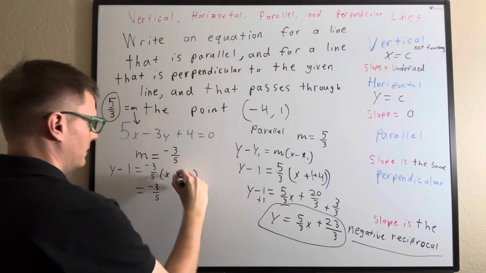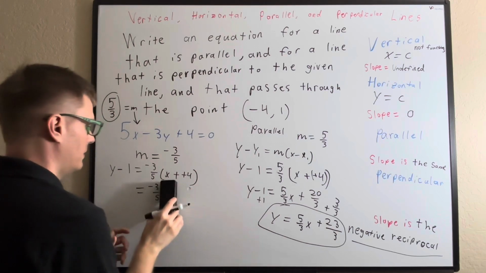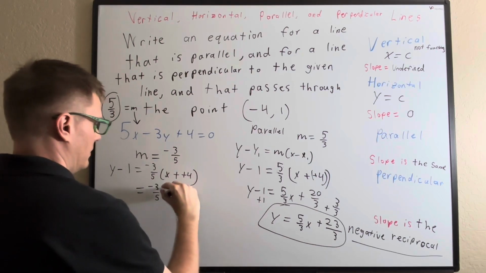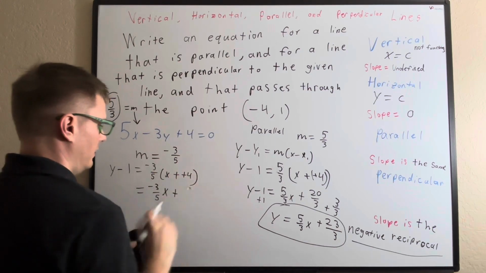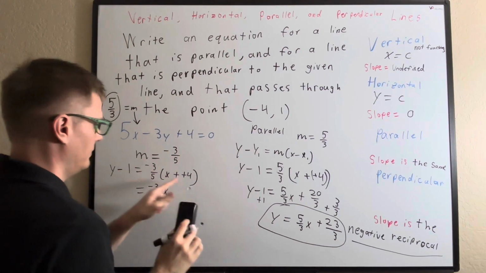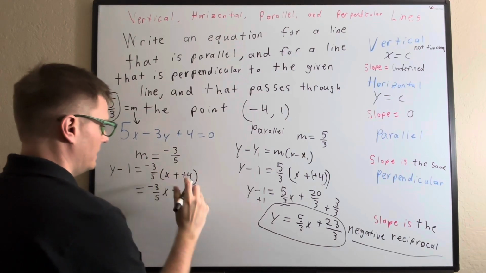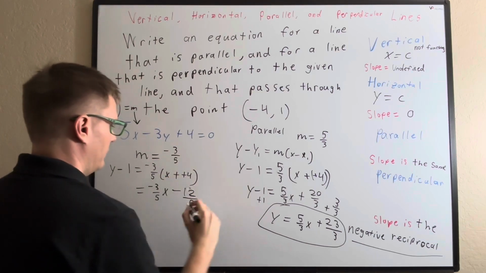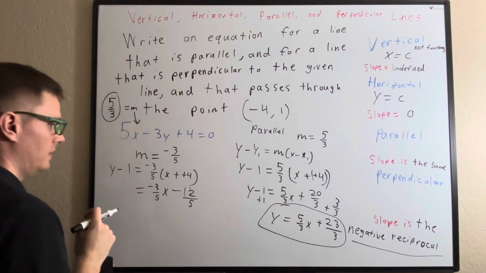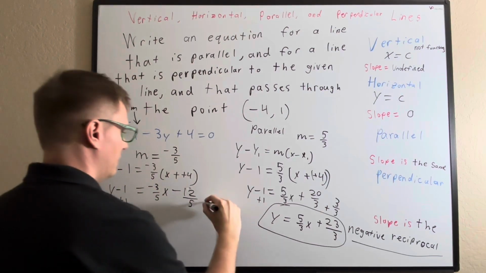All right, now let's distribute that. -3/5 x plus, actually, no, it's a minus, isn't it? Because it's a negative times a positive. So, gotta make sure we keep our signs right. 3 times 4 is 12/5. Okay. And we still have y minus 1 over there. Add 1.